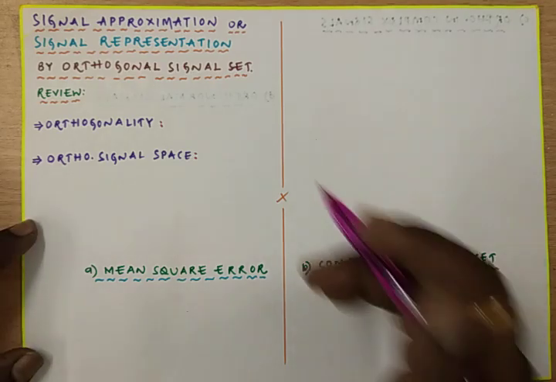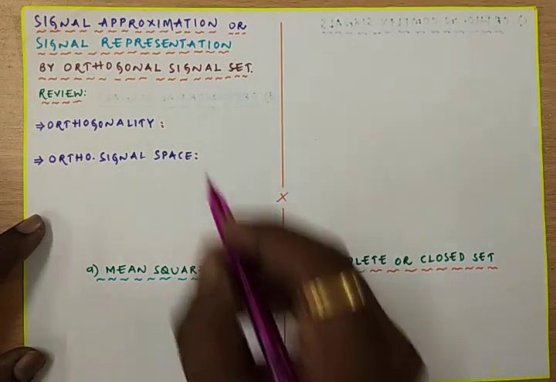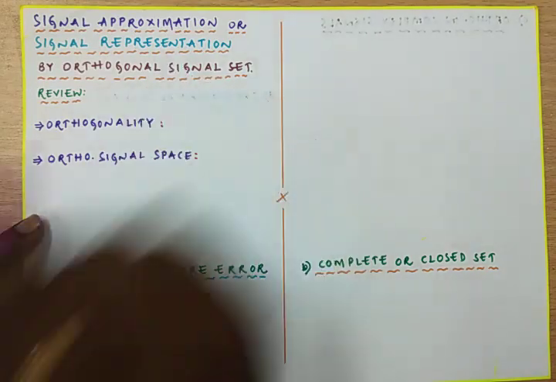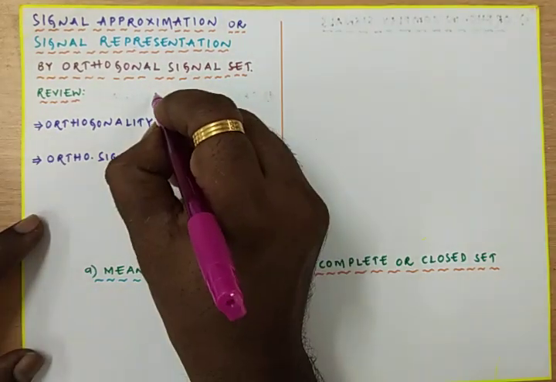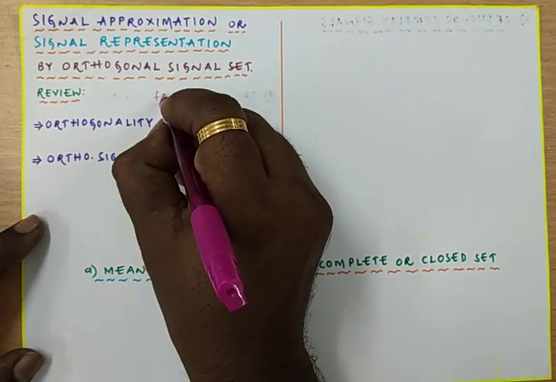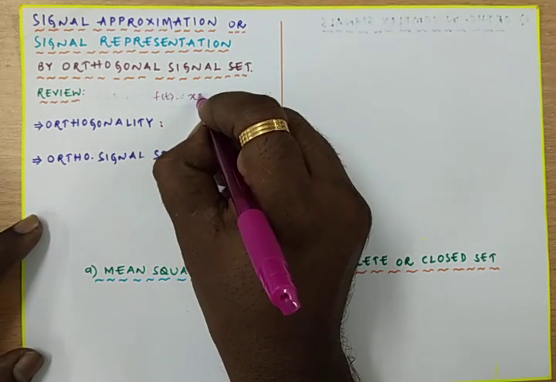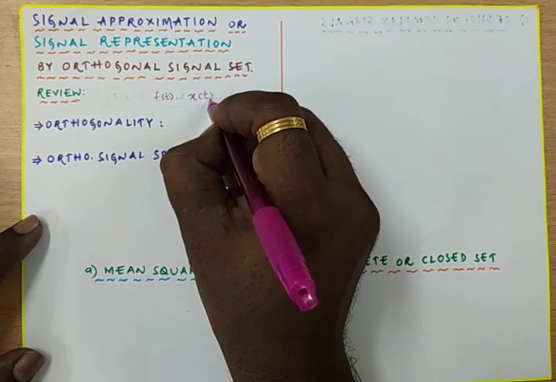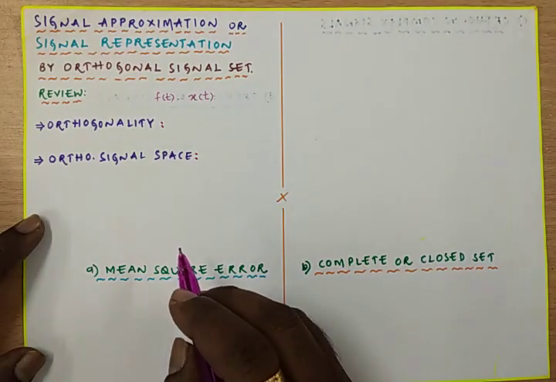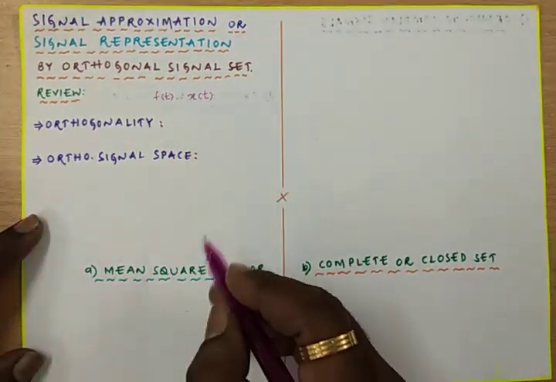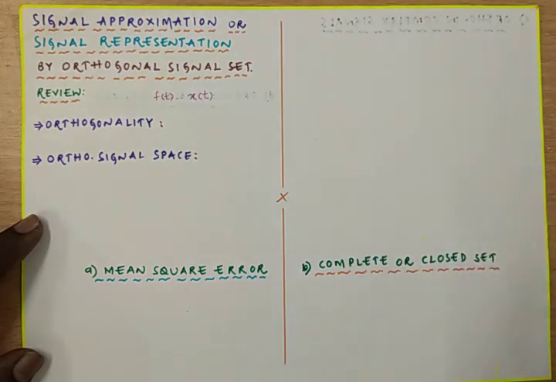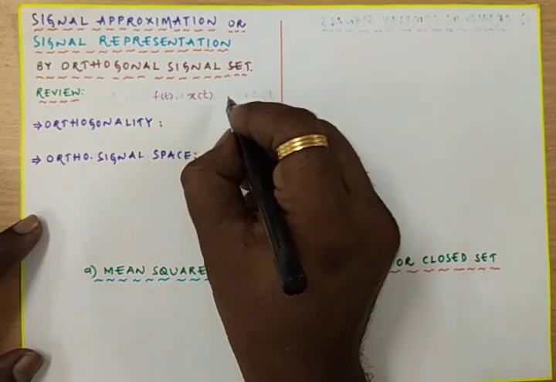Perpendicular means the angle between those two signals is equal to 90 degrees. For example, I have two signals, f of t, a continuous time signal, and x of t, another continuous time signal. We say these two signals are orthogonal signals, so the angle between them is equal to 90 degrees. That means what?